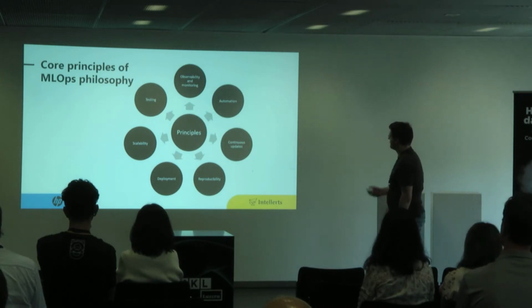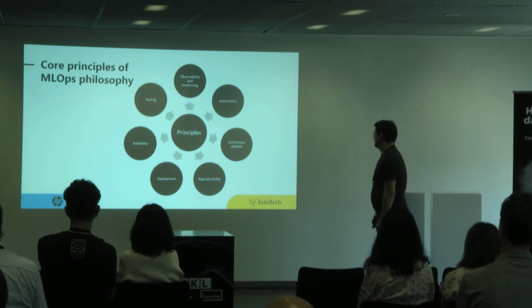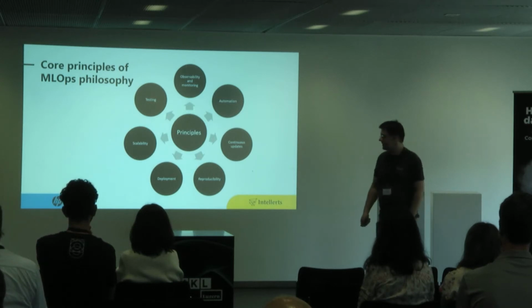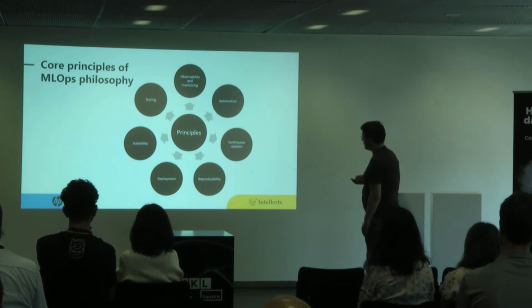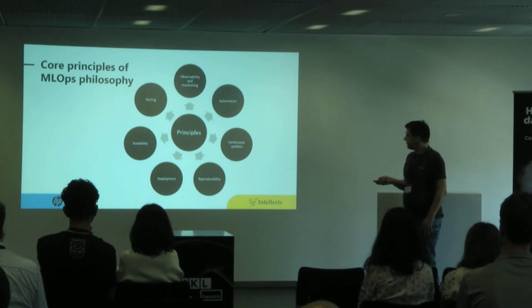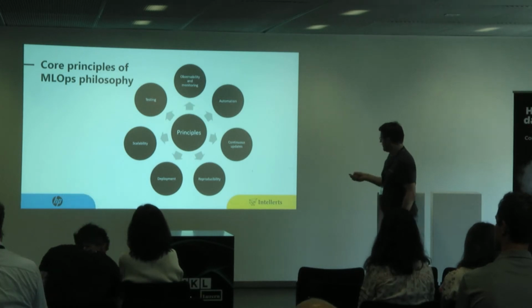So these are the core principles of the MLOps philosophy, the problems which are solved by applying MLOps. We consider as important observability, monitoring, automation, continuous updates, reproducibility, deployment, and scalability. I'll talk a bit about each of these subjects later, shortly, touching the specifics of these issues which were met during the development of our system.